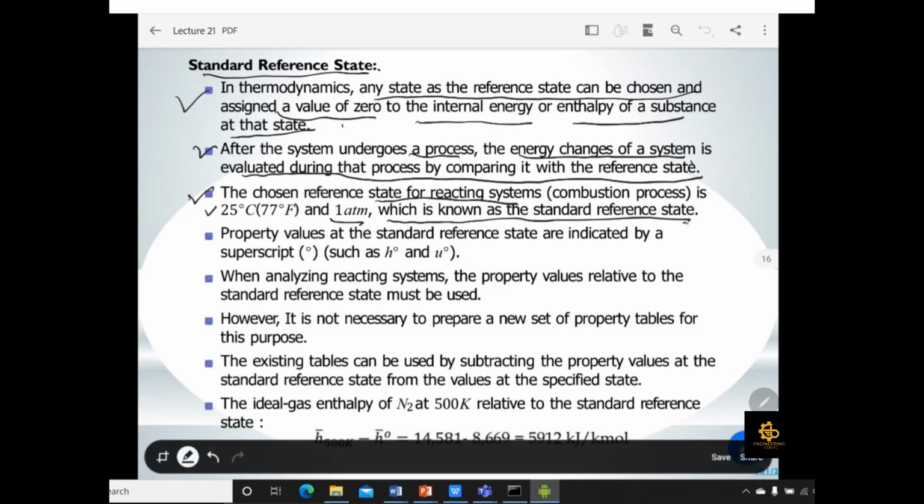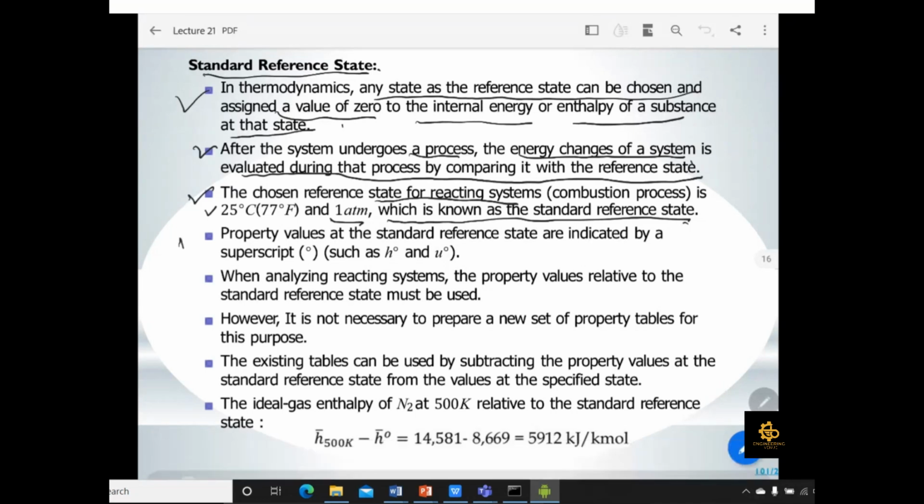Okay, so the meaning of this is that, for example, if we have to analyze some property, such as the enthalpy of formation at some specific point, say at 500 Kelvin, we have to compare it with a reference point as well, so that we understand the change of enthalpy from that state to the final state. So we have to choose one reference point so that we can compare the values with it.